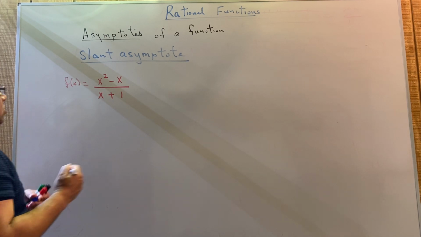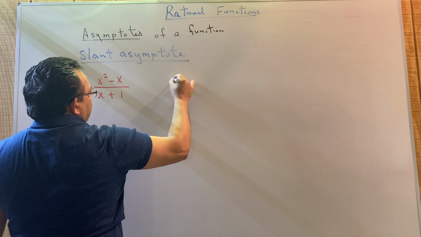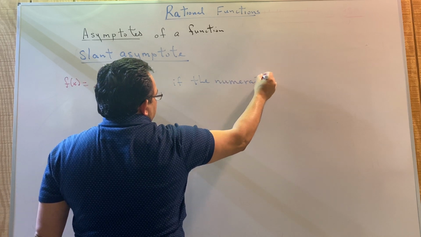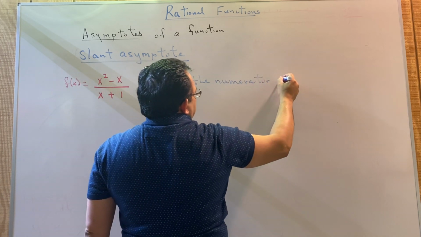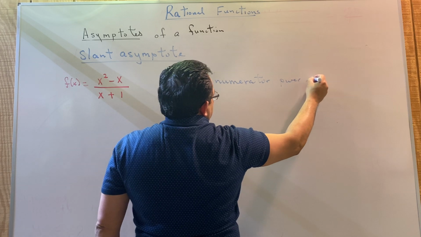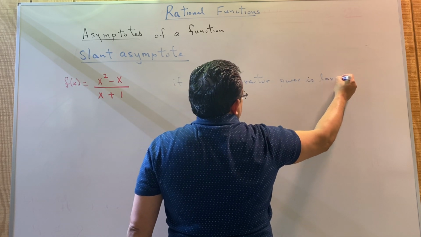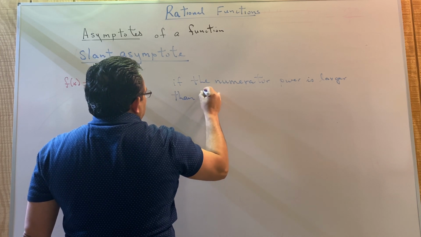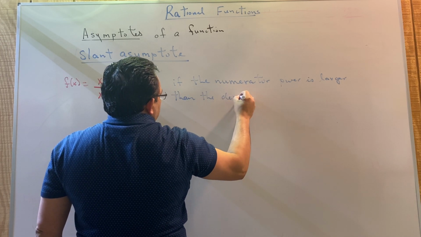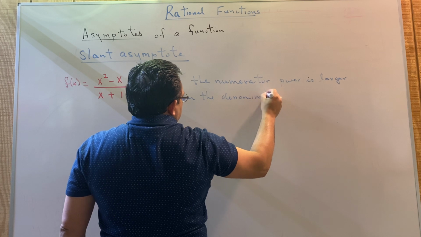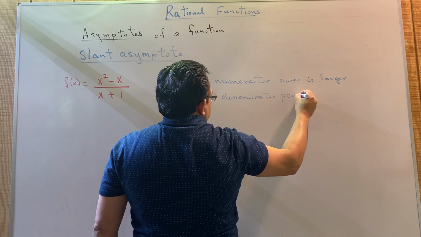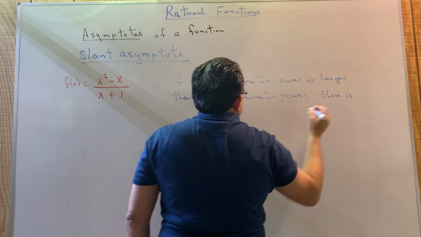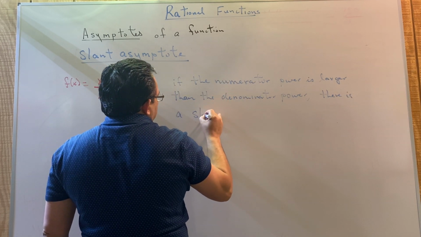Note, if the numerator power is larger than the denominator power, there is a slant asymptote.